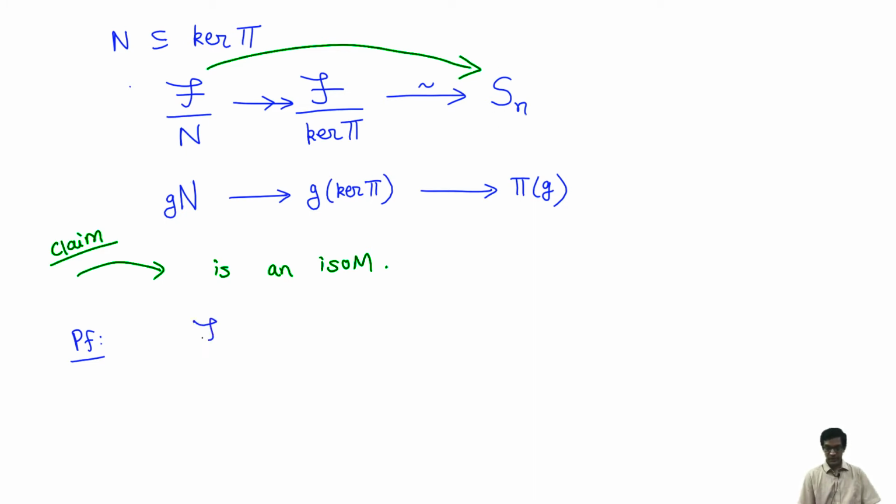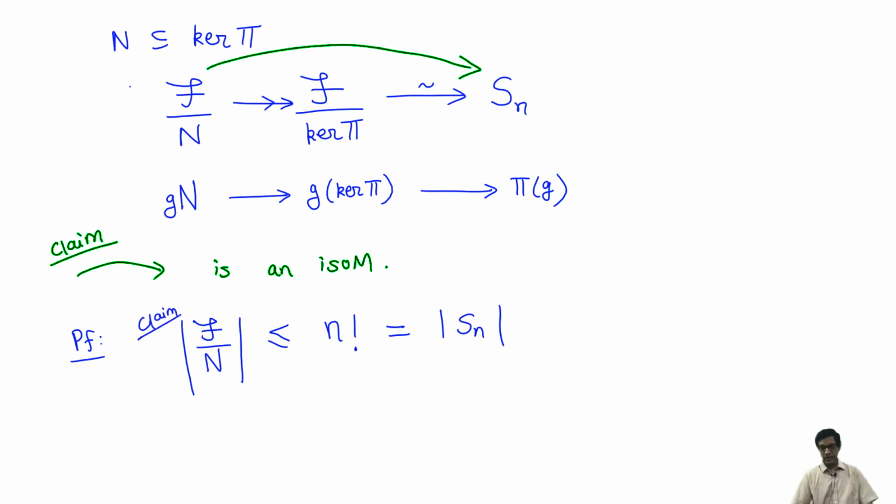So the proof proceeds via a counting argument. We show that this can have at most n factorial elements, and recall that's the cardinality of Sn. Once you show this, because there is a surjection, it has to have at least n factorial elements. And the further claim is that it has at most n factorial elements.